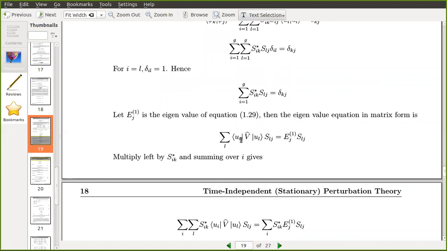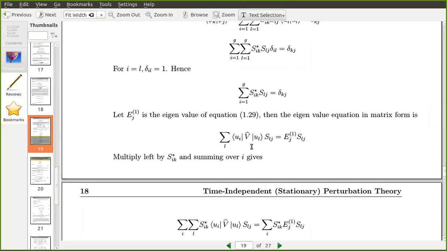This is actually summation over I and L. Both you have to vary. I should vary from 1 to G, L also should vary from 1 to G. So summation over L and variation over I. So this simply represents the entire matrix.